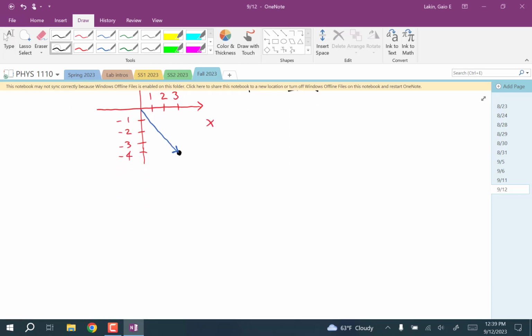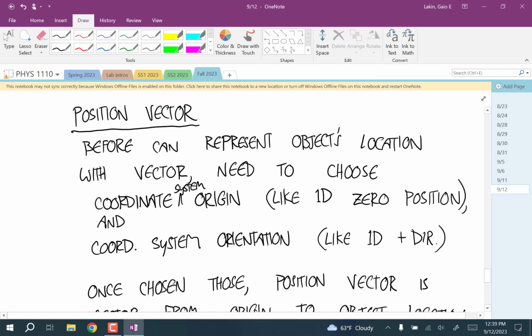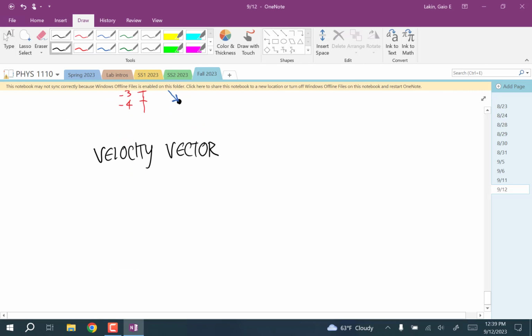So next we have to think about velocity. Fundamentally, the velocity means the same thing that it did in 1D. It measures how quickly the position vector is changing.